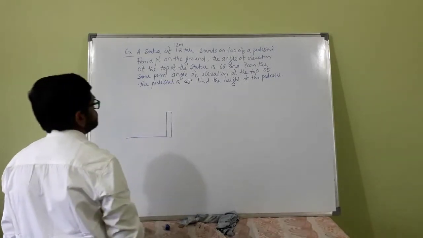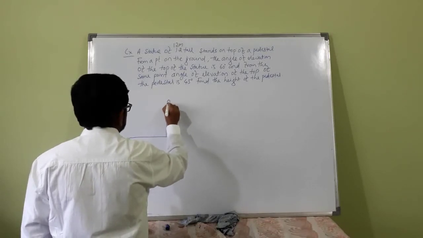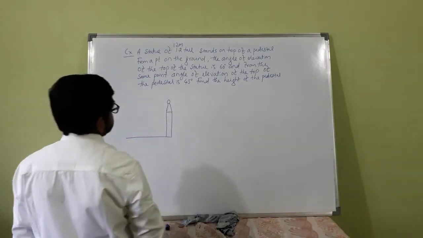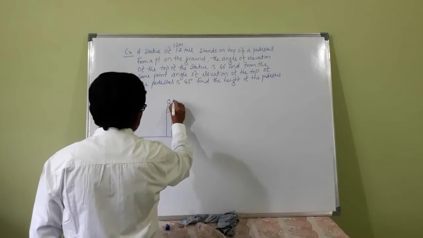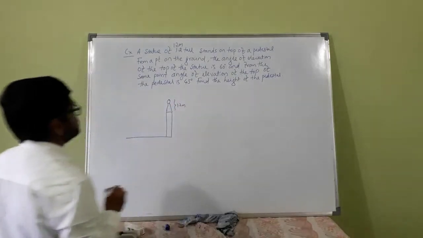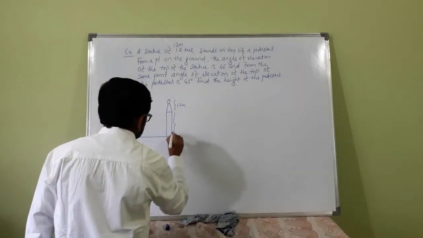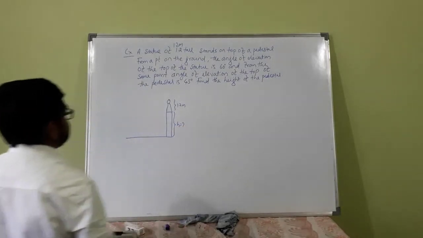Here is the ground, and suppose one statue is here. This length of the statue is given as 1.2 meters. Suppose this is the height of the pedestal, which you have to find.